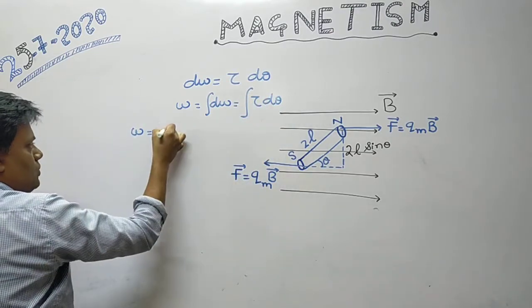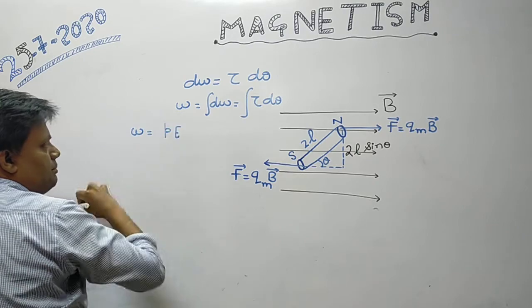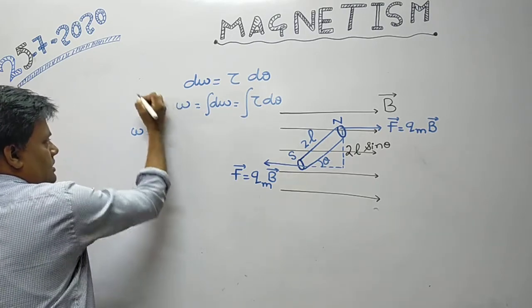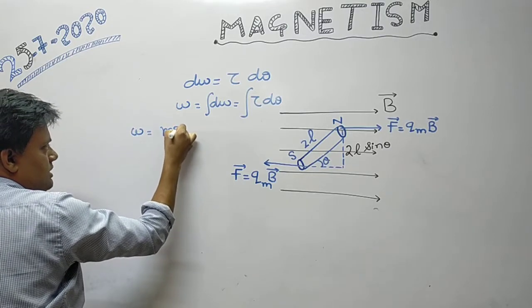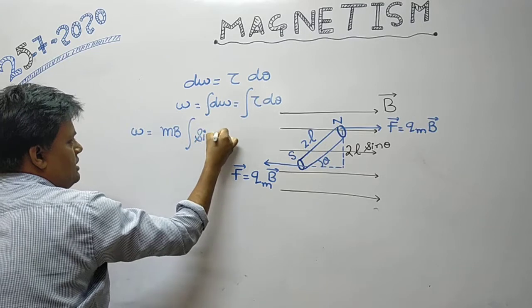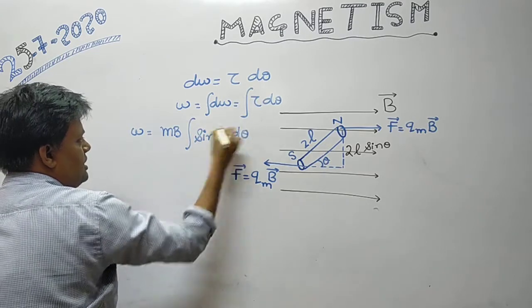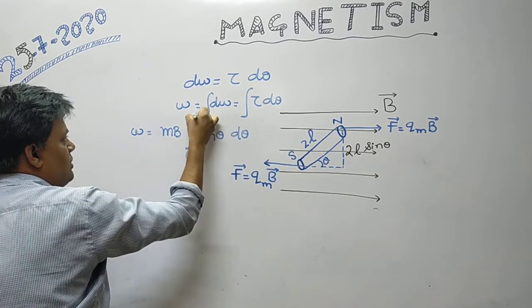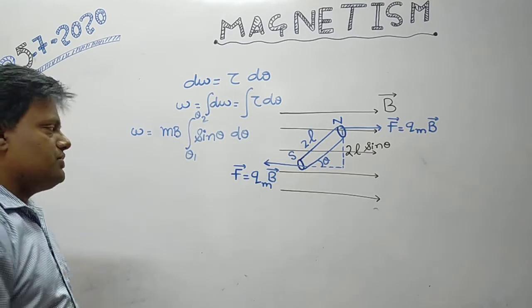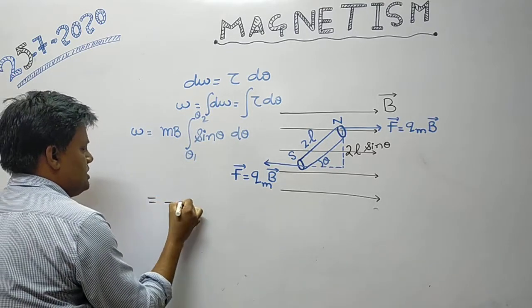Tau is MB sine theta, so the integral is MB sine theta d theta, with limits theta 1 to theta 2. What will be the integration of sine theta? You can write minus cos theta.